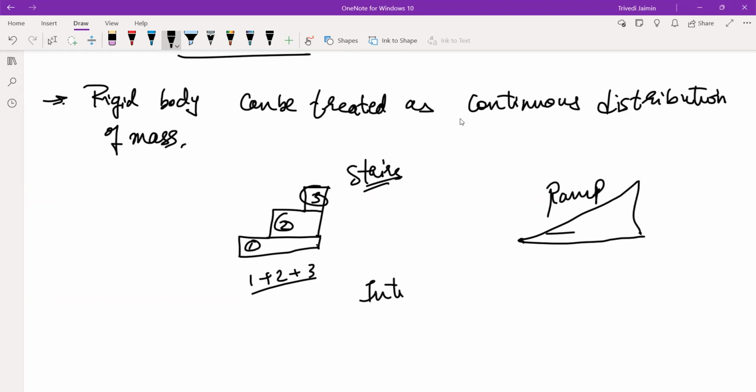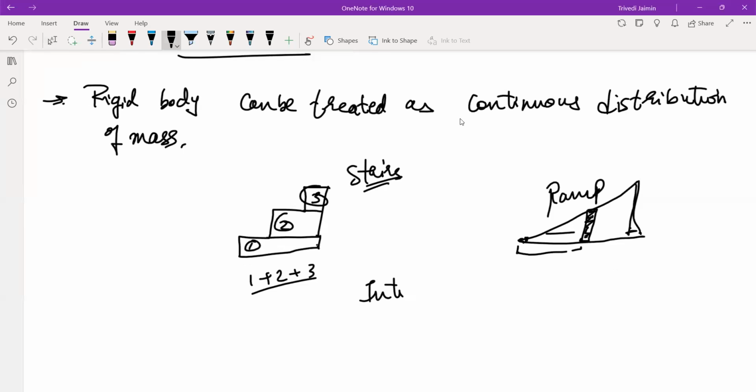So what we'll do is integrate. We'll take a strip of this one and find the area of this strip, because it is the same area here also, and here also.